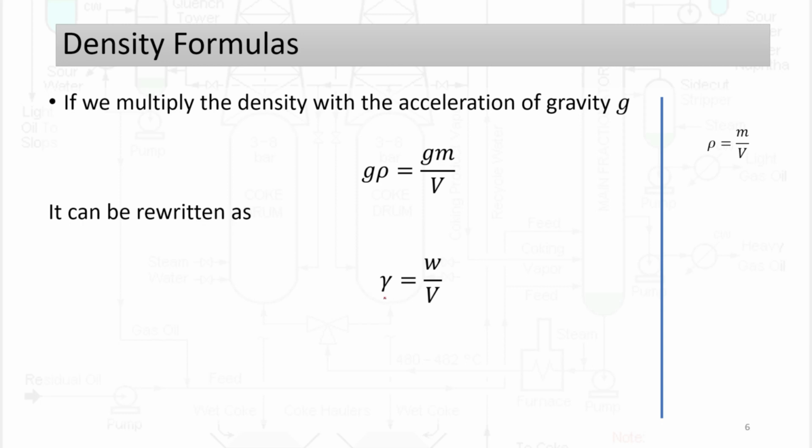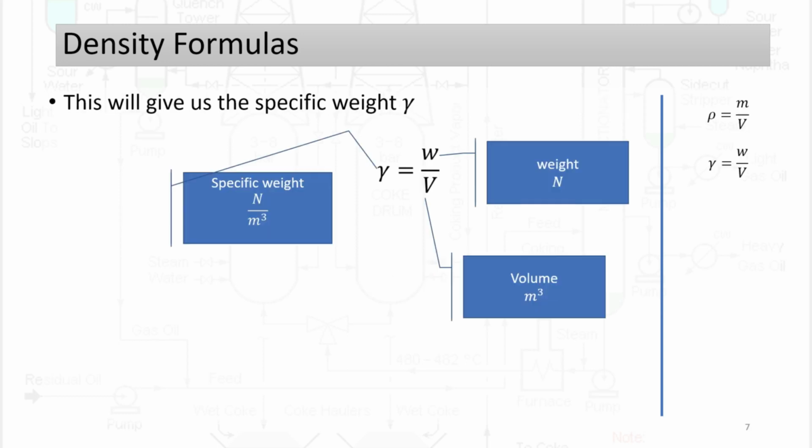What is this gamma? It is the weight of the material over volume. And we remember that weight is a special type of force which has acceleration related to the gravity of Earth. And this will give us the specific weight, and we use the symbol gamma.